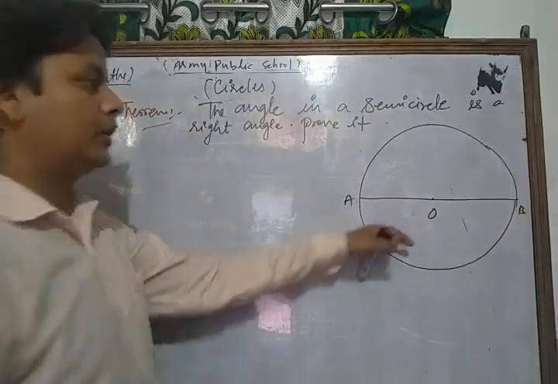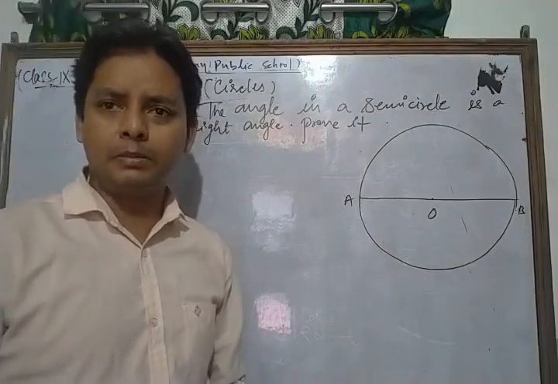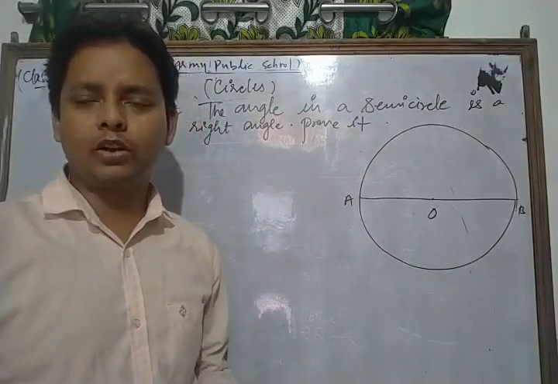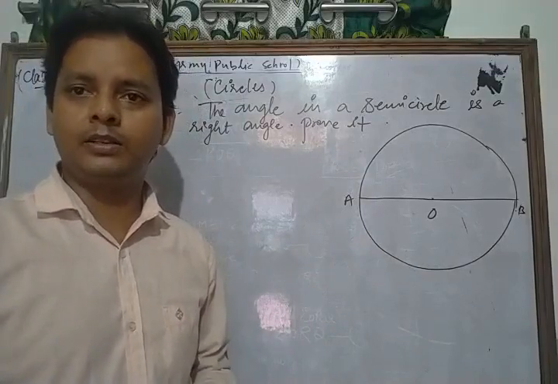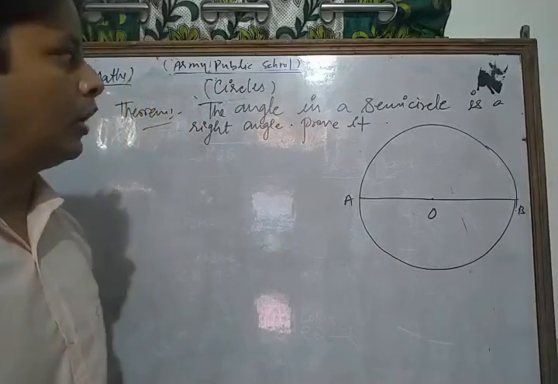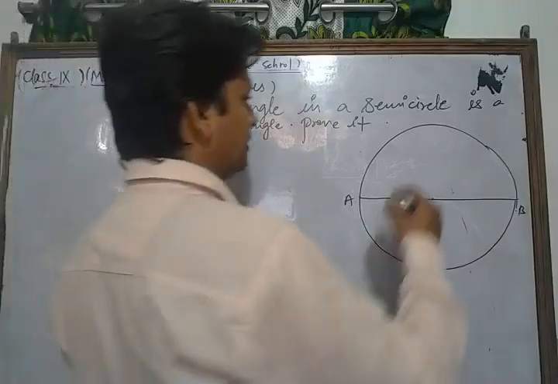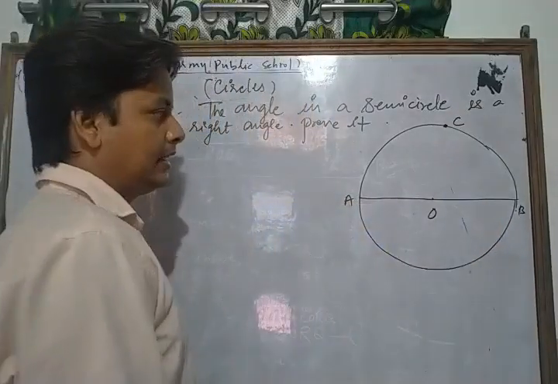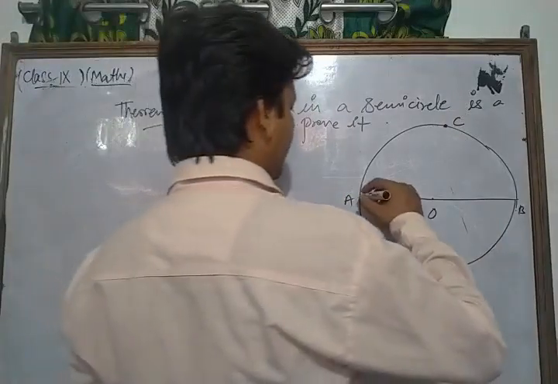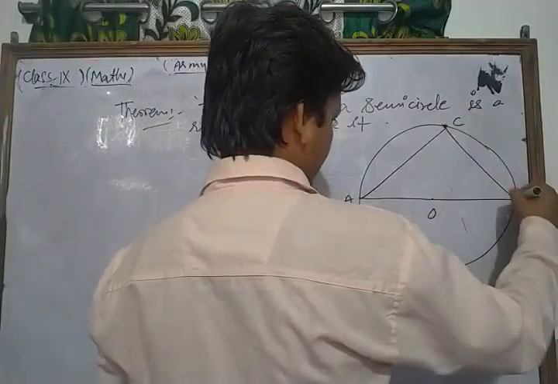So each part of that circle is called a semicircle. You know that the diameter of the circle divides the circle into two equal parts, and each part is said to be a semicircle. Now let us take C any point in semicircle ACB, and we join AC and BC.